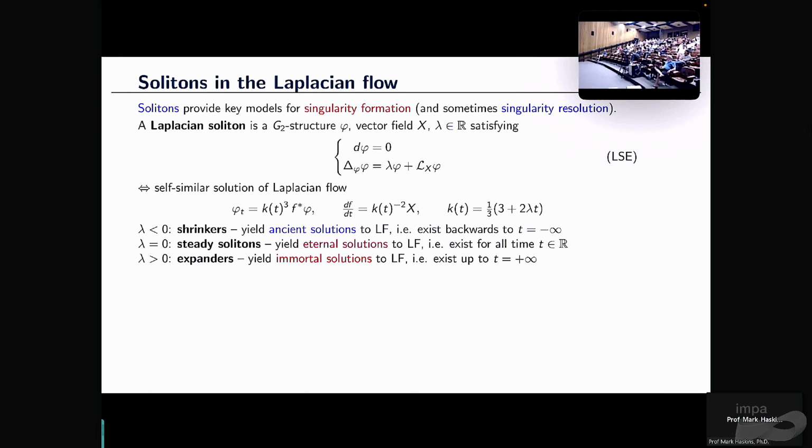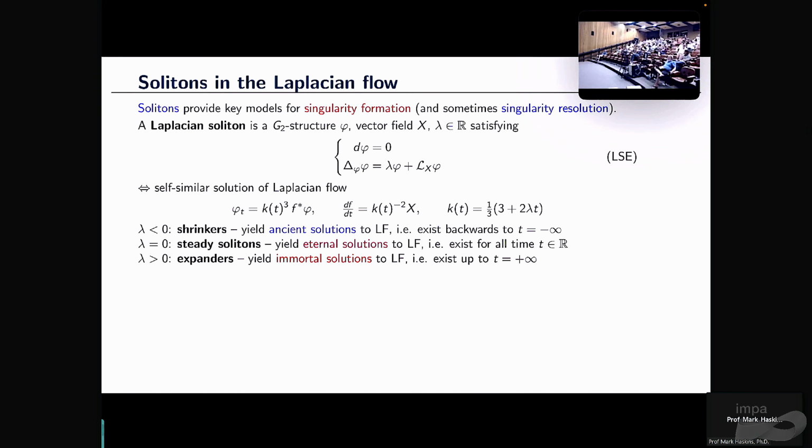And then these are in one-to-one correspondence with self-similar solutions to Laplacian flow. So the line below gives you the dictionary. It tells you that given a solution to this, then up to movement by a diffeo f and an overall scale factor kappa of t, we get a solution to Laplacian flow.